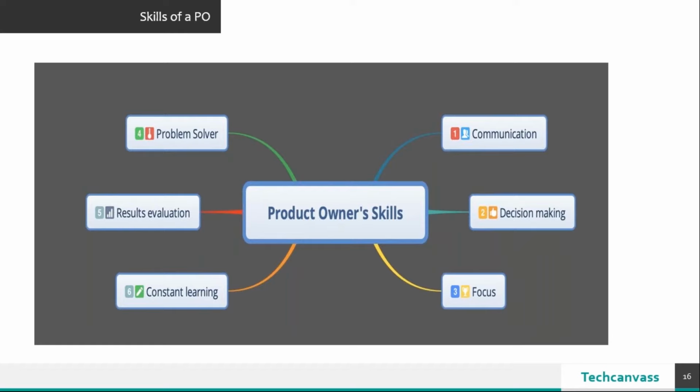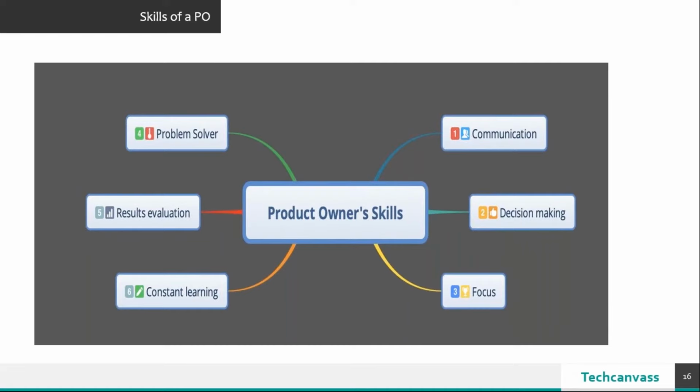So you need to have this problem-solving attitude. You need to have good communication to maintain better transparency about how things are working and what needs to be done. You need to have very good decision-making skill, because you are the one prioritizing one feature over the other. So it's your responsibility to do this decision making effectively.